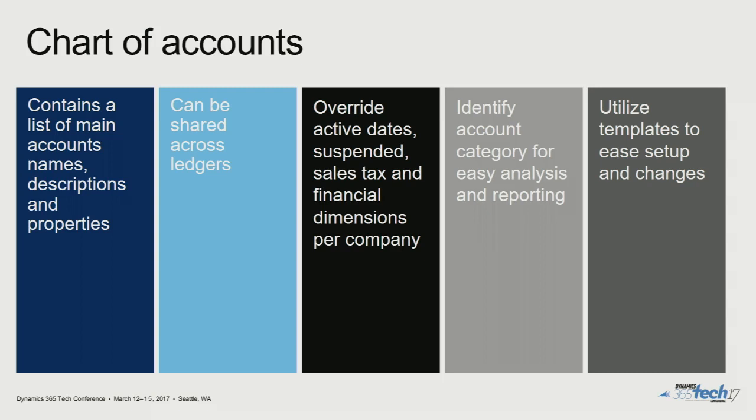So if you're using the out-of-the-box categories, those default reports will produce data and work out of the box. If you make changes to your main account categories, there are some changes you'll want to make to the report definitions to ensure that the information is still pulling into the financial reports. And then we'll also take a look at utilizing templates to reduce the burden of creating main accounts as part of your chart of accounts.